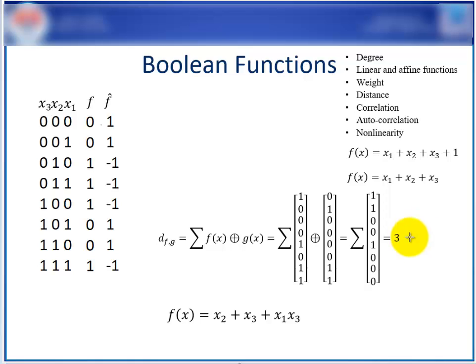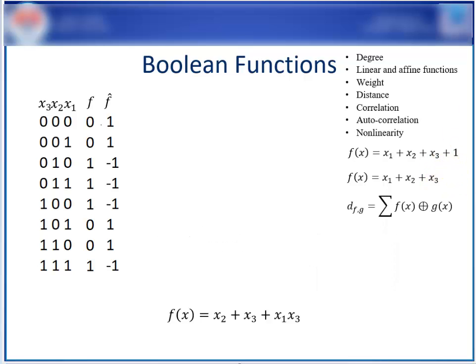For example, if we have 3 bits, x1, x2, and x3, the length of truth table is going to be 2 to power 3, and for these two Boolean functions, the distance is going to be 2 to power 3, which is 8.